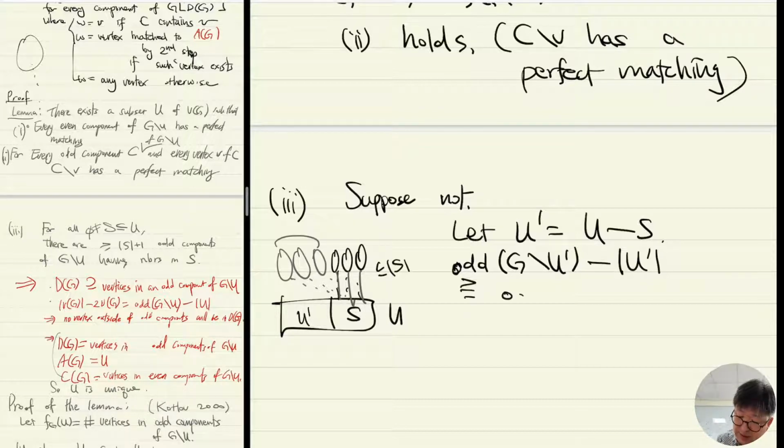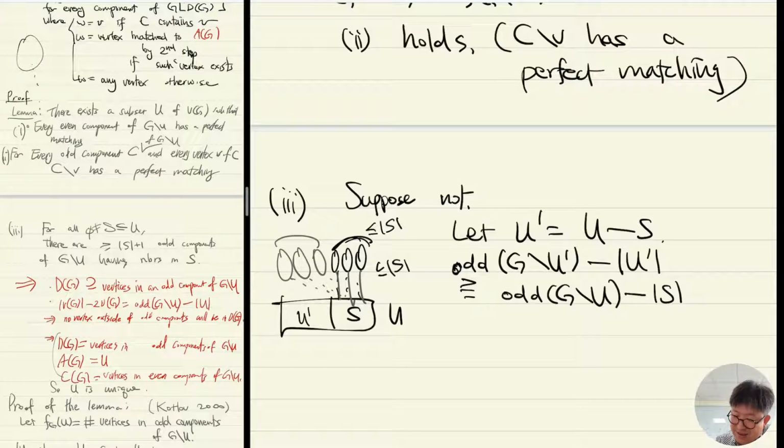So it's at least the number of odd components of G delete U, minus the number of odd components here, which is at most S, so we are deleting S. It could delete more, so I have an inequality. No, it could delete less, right?